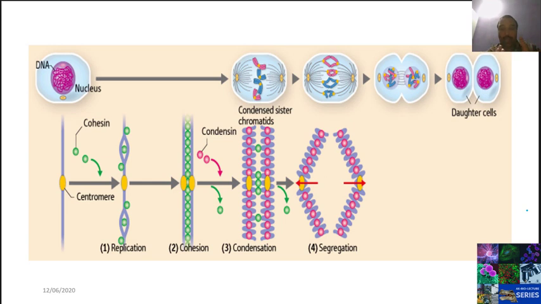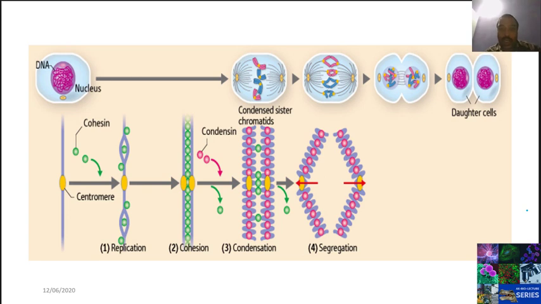Only in metaphase can you see the compacted, highly matured chromosome. In prophase it is in the early stage of the compaction process, so you can see only the loosely packed chromosome. But in the very initial stage, it is a very highly relaxed thread-like structure.